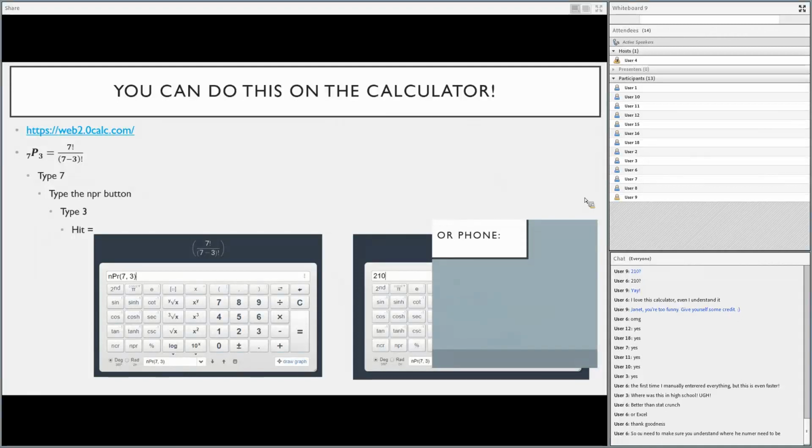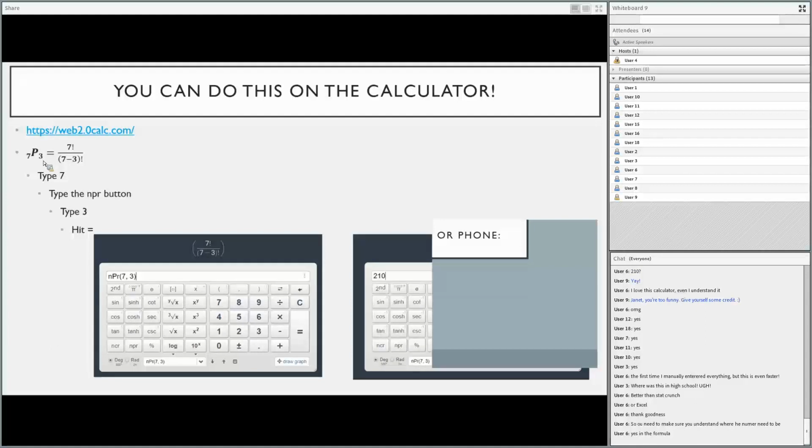I see typing, so I'll go ahead and pause. So you need to make sure you understand where the numbers need to be in the formula.